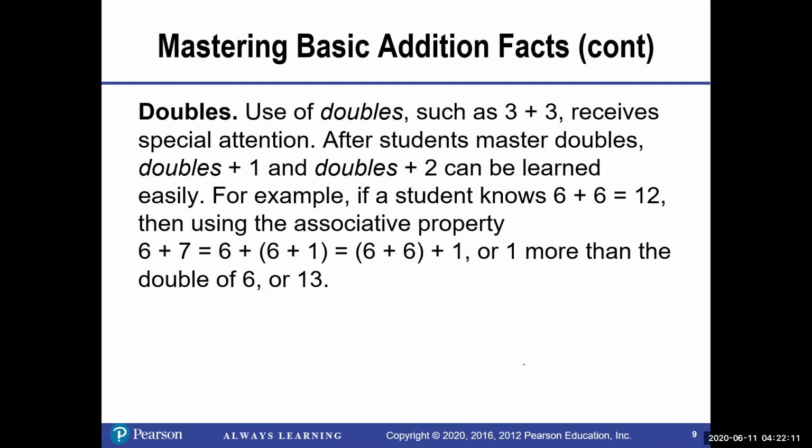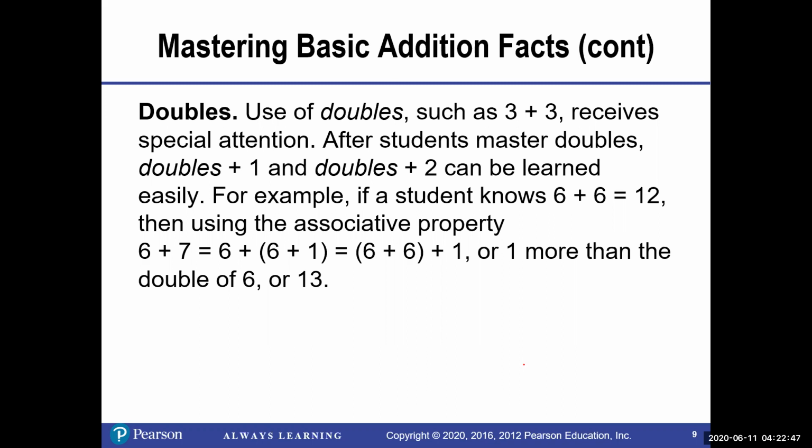Okay, and doubles. Doubles such as 3 plus 3 receive special attention. After students master doubles, doubles plus 1 and doubles plus 2 can be learned easily. For example, if a student knows 6 plus 6 to be 12, then using the associative property, which we'll be looking at later, they can easily do the remaining additions.